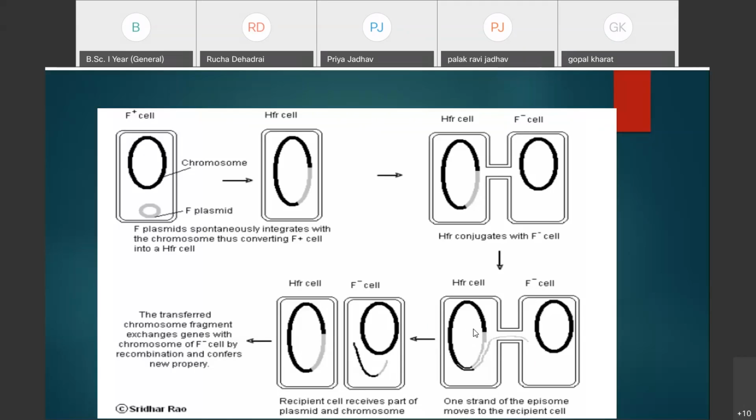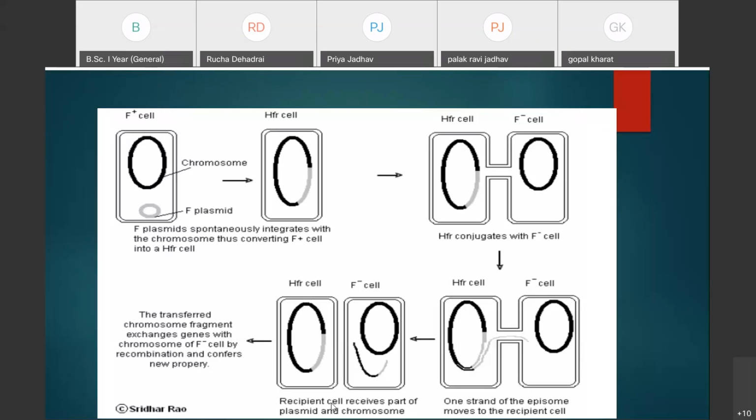Okay, now the piece of that donor chromosome, here you can see, it is present here. That piece of the donor chromosome will then get integrated with the bacterial chromosome of the F negative cell, and thus that F negative cell will get converted into the high frequency recombinant cell.